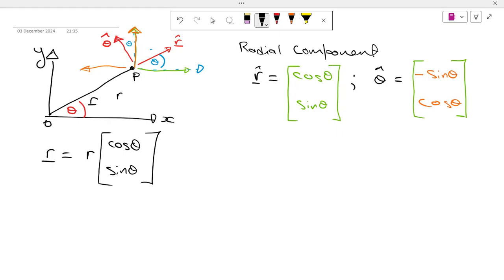And in actual fact, we can see that this is equal to r times r hat. Why is that equal to r times r hat? Because this component here is the same as this component, and that is r hat, as it shows here. So we'll just delete all of that and leave our equation in this form.